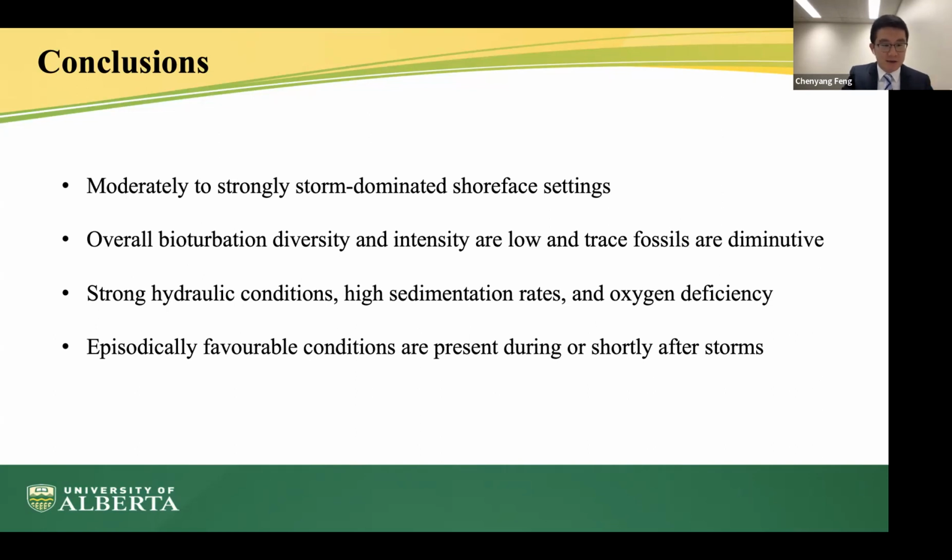The key environmental stresses mainly include strong hydraulic conditions, high sedimentation rates, and oxygen deficiency. Those rare Phycosiphon-dominated intensely bioturbated beds reflect episodically favorable conditions, maybe during or after the storms.